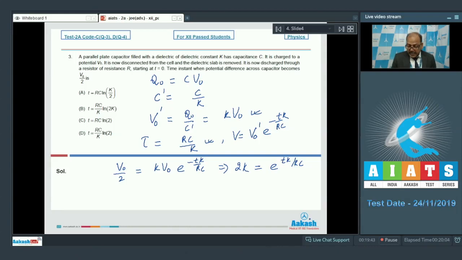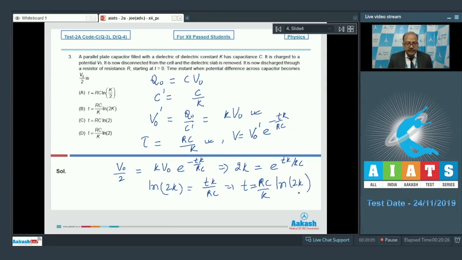Take log on both sides, and we get ln 2k equals tk upon RC, which means the time at which this happens is equal to RC by K ln 2k.